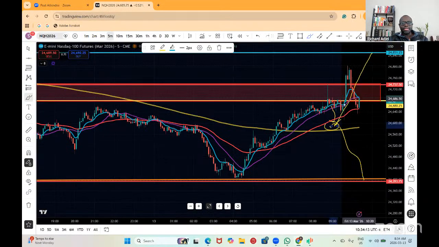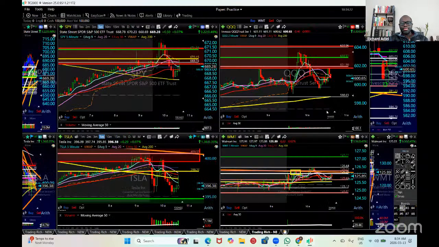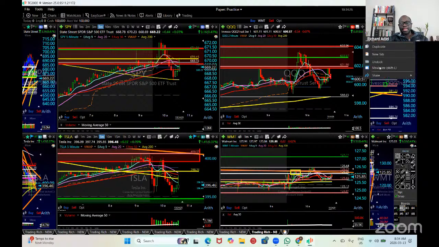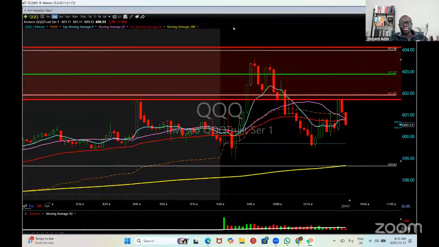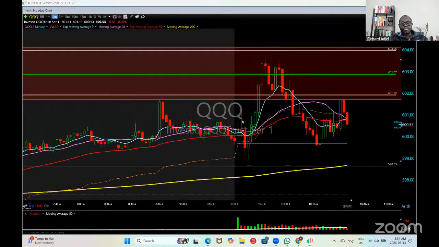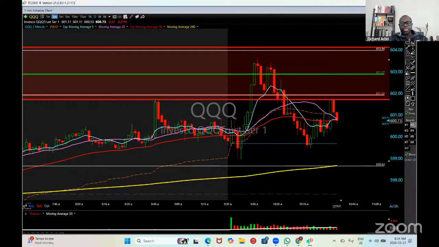So this is the thing I drew here. Look at it. So it came here and it rejected. All right, so it rejected here. Why is it rejecting here? Can somebody tell me the reason why it's rejecting here? So here, yeah, QQQ bear flag.